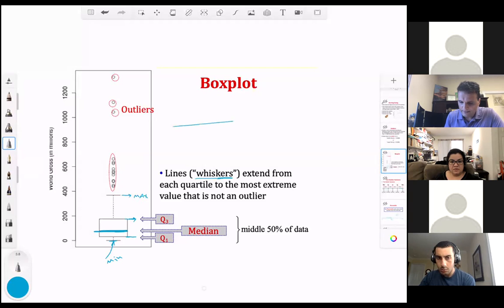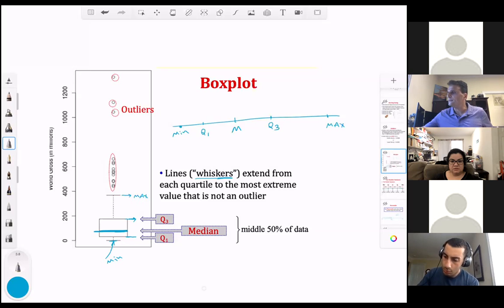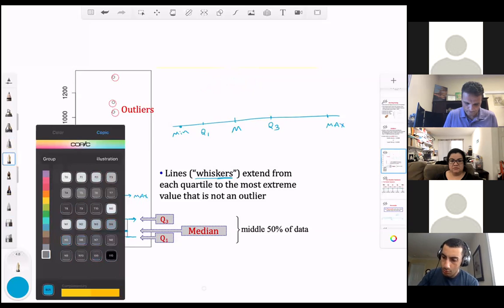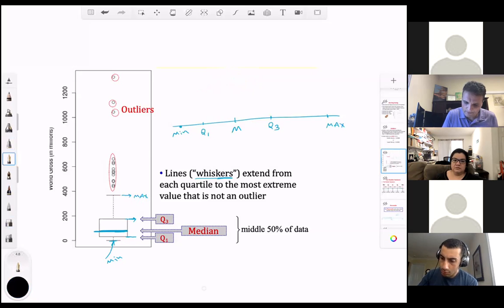So we learned that the data has a middle. We have Q1, and let's say this is the minimum. Then we have Q3, and we have the maximum. So how do we make this into a box plot? We start with the median. We can just make a big line, correct?